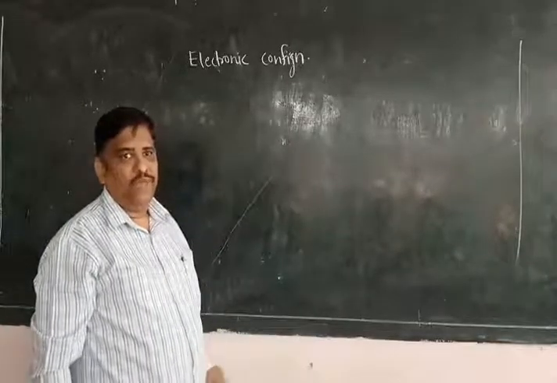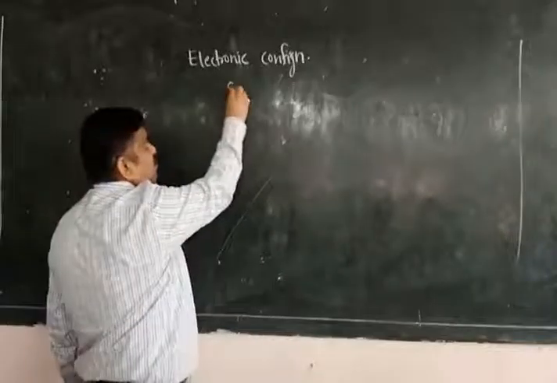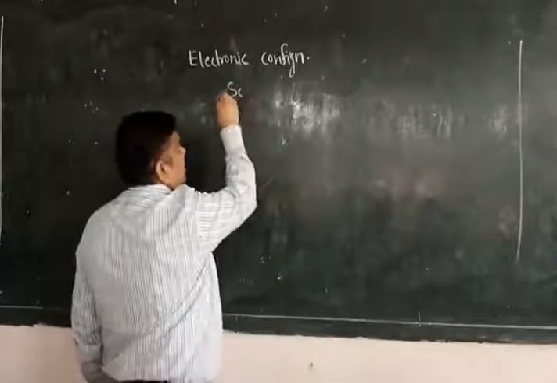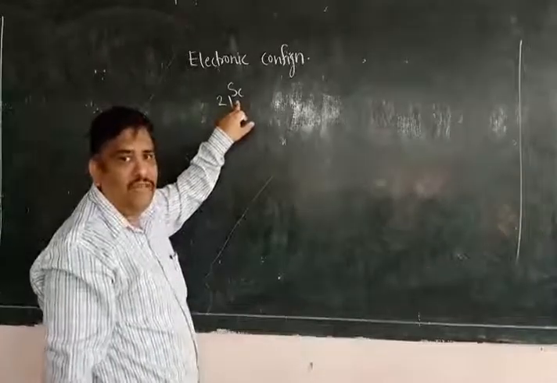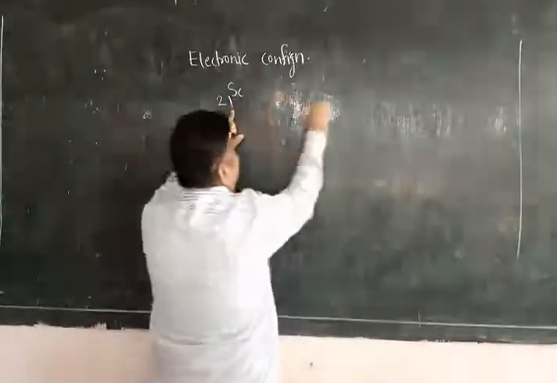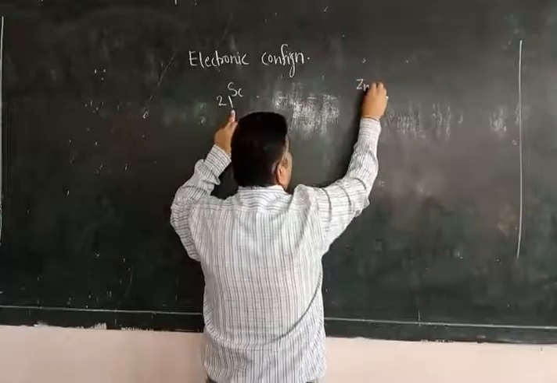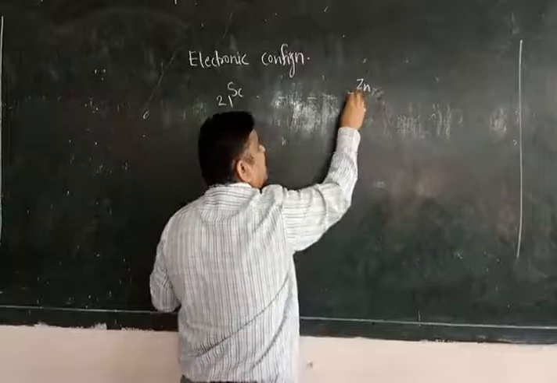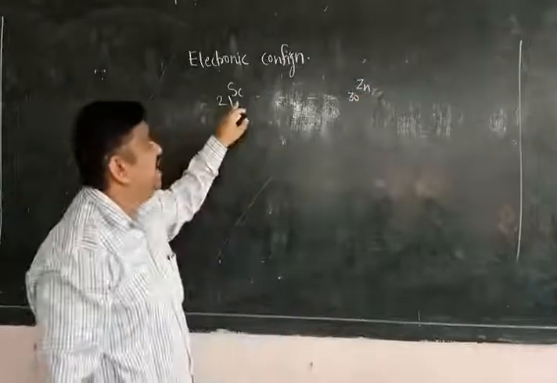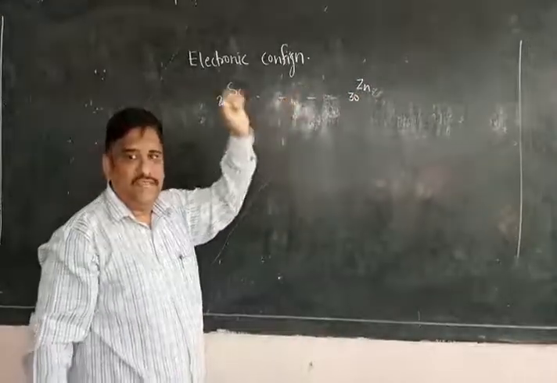Especially we have discussed the electronic configuration of the elements from atomic number 21, scandium, to zinc, 30.